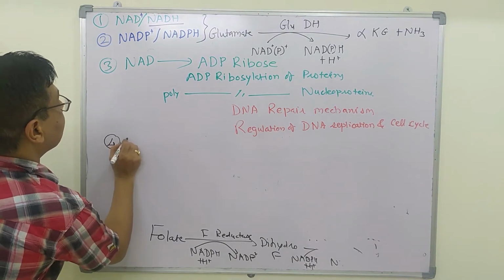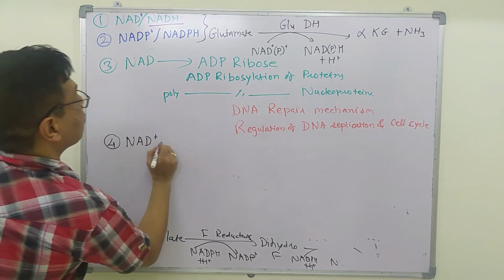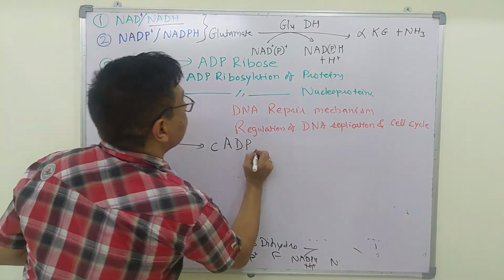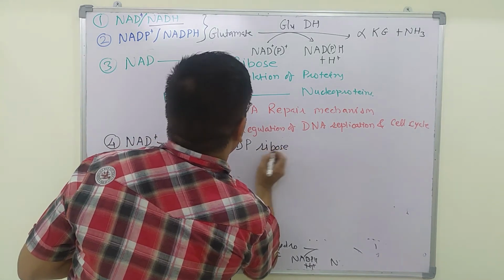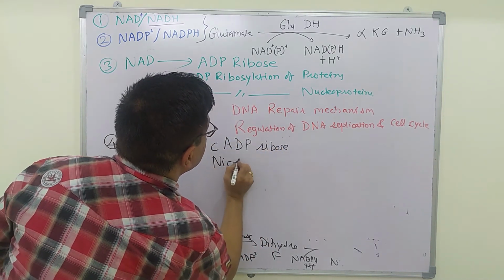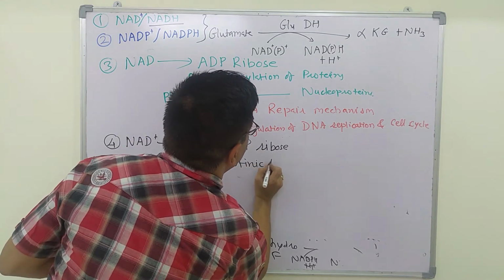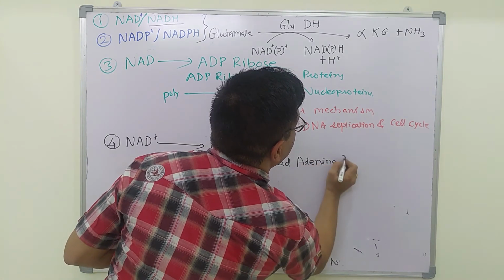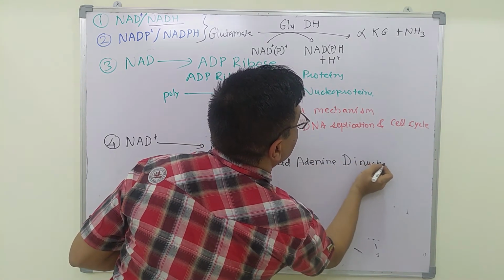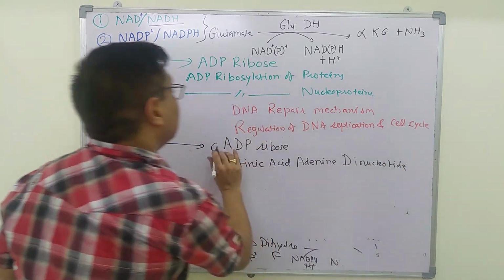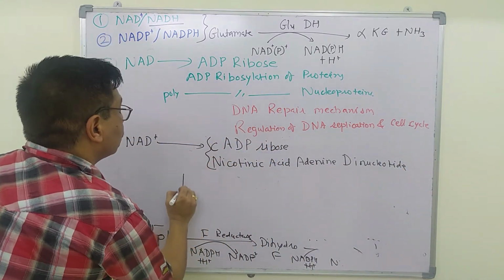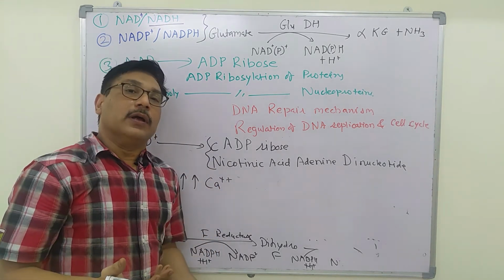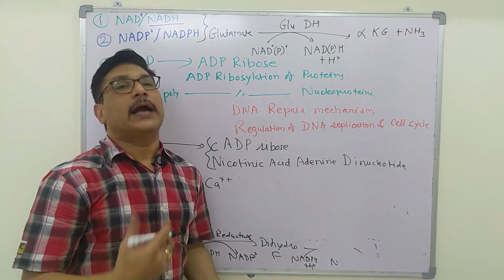Fourth function of this NAD is it synthesizes cyclic ADP ribose and nicotinic acid adenine dinucleotide. Both these are important for increase intracellular calcium level as a response to various neurotransmitters and hormones.